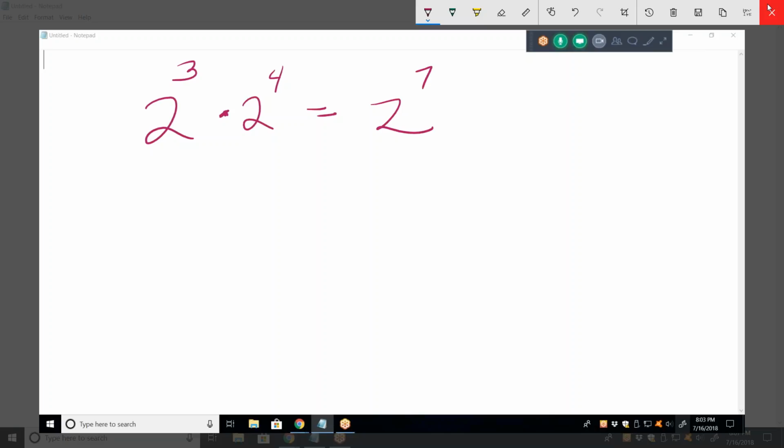It could be 5 squared times 5 cubed. What's that? Correct. As long as the bases are the same and you're multiplying, you add the exponents. You do one level less. And that's really the rule to remember, you want to do one level less.